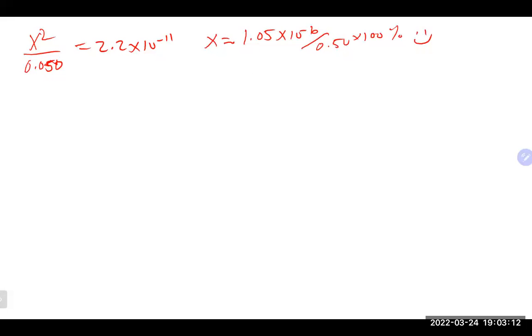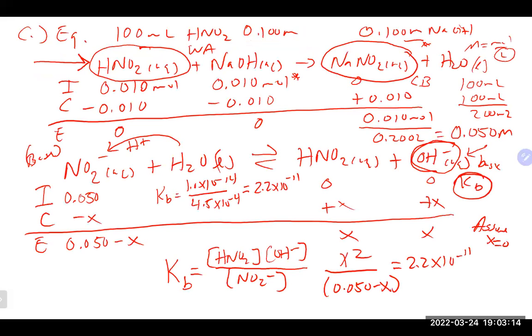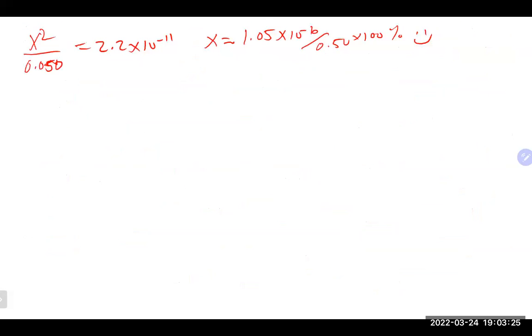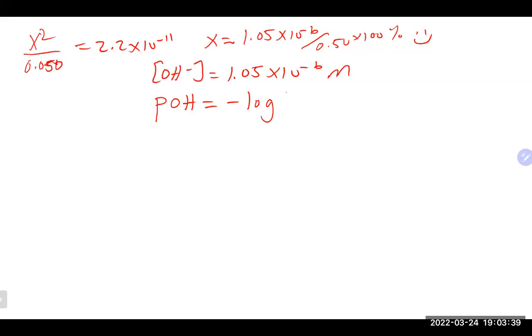When we do that and we go back to our ICE table, again, we can see that X actually equals here the hydroxide concentration. Again, not the H plus concentration, but it equals the hydroxide concentration. So the hydroxide concentration here will equal 1.05 times 10 to the minus 6 molar. That again is going to allow us to calculate first the POH, which would be minus the log of 1.05 times 10 to the minus 6.